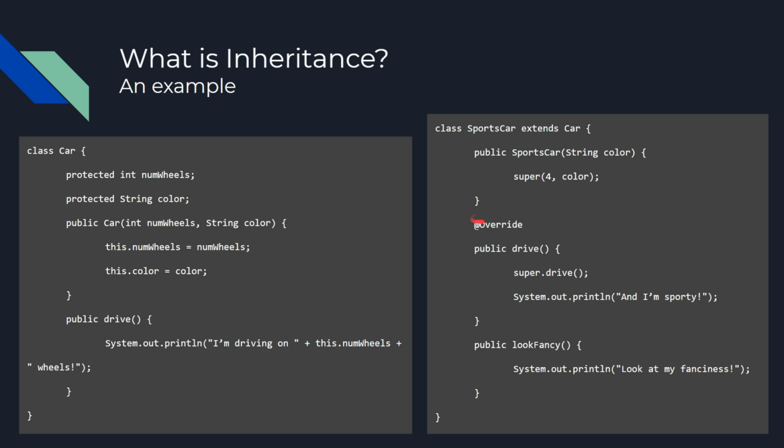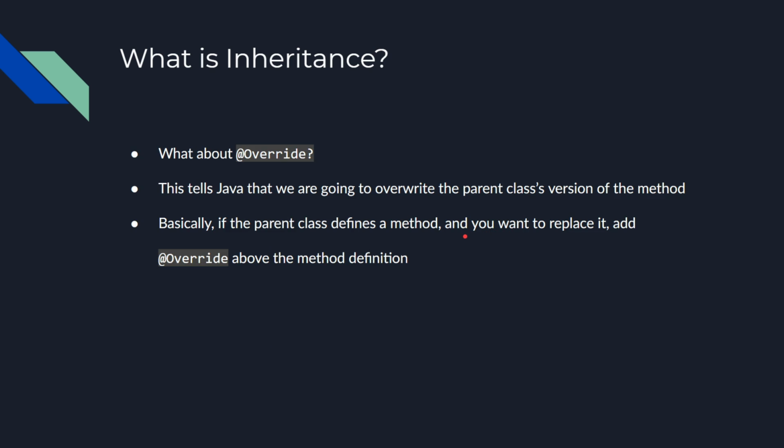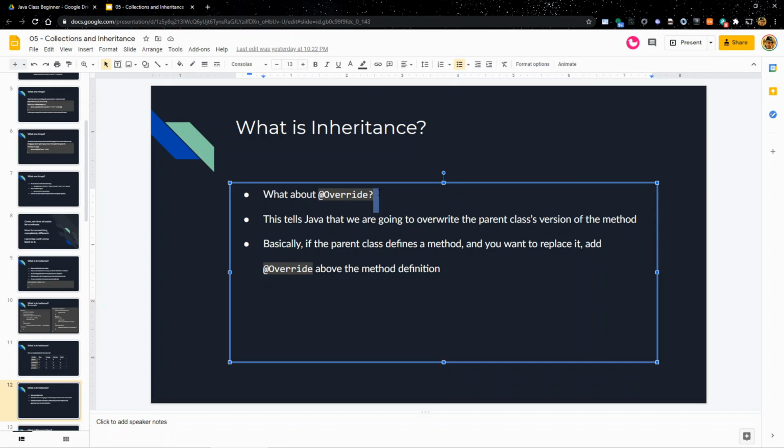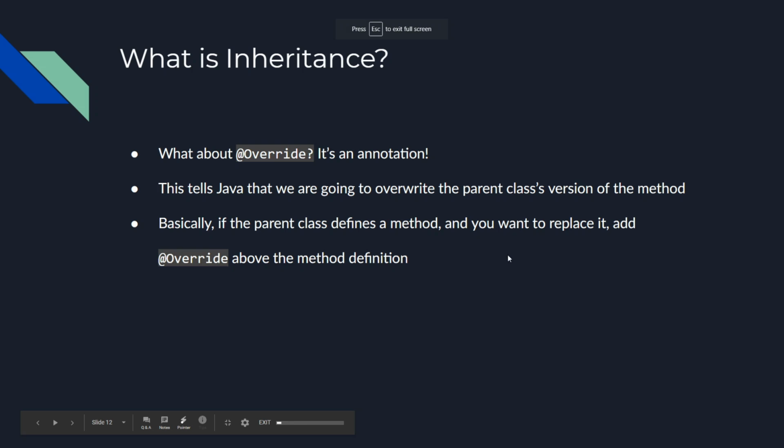This little at symbol followed by some word, we call that an annotation, which I should probably add to here. Back into the presentation. So basically we're going to overwrite the parent class's version.